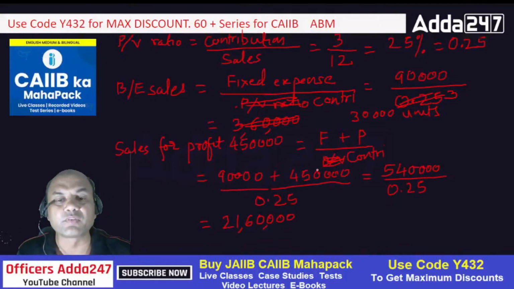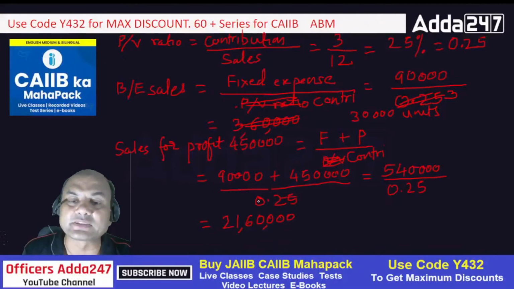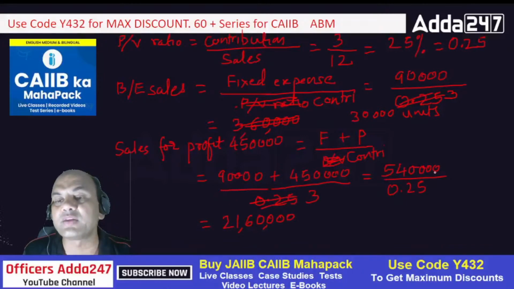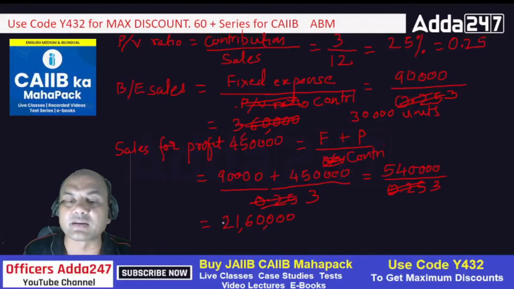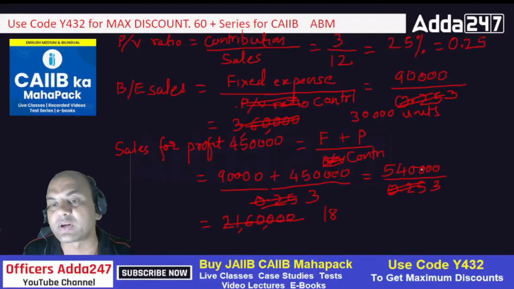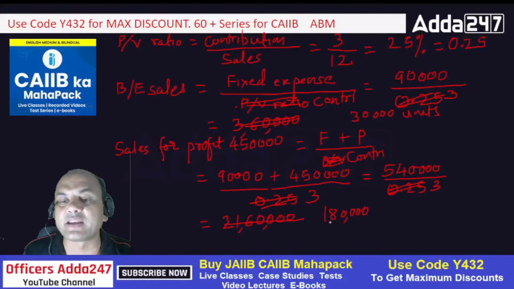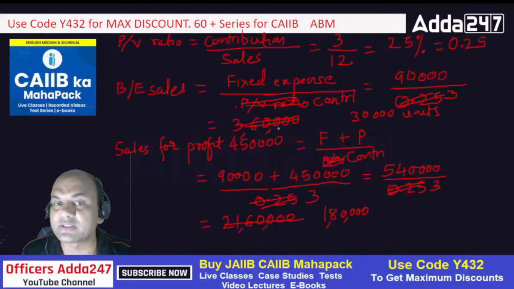So it is 540 divided by 3. So 540 upon 3 becomes 18, and then how many zeros? 1 2 3 4. So 1,80,000. I'll have to produce 1,80,000 units if I have to get a profit of 4,50,000, isn't it?